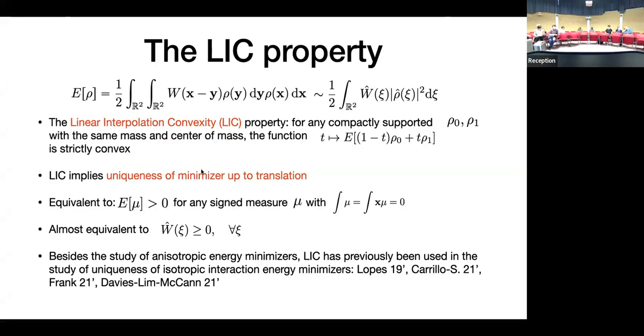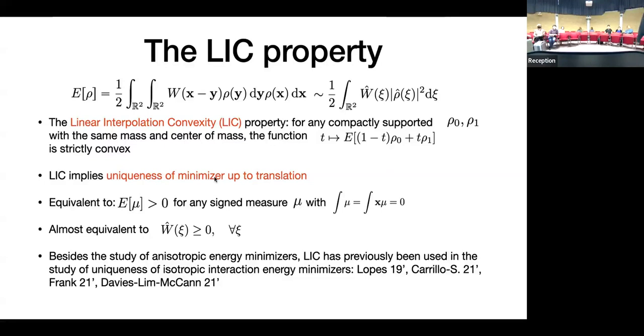And if you have two different measures like that, this linear interpolation tells you that the energy in between is strictly convex. So for the value T equals 1/2, you get some probability measure with a smaller energy, which contradicts your assumption that you are taking minimizers, right? So this implies the uniqueness of minimizers.